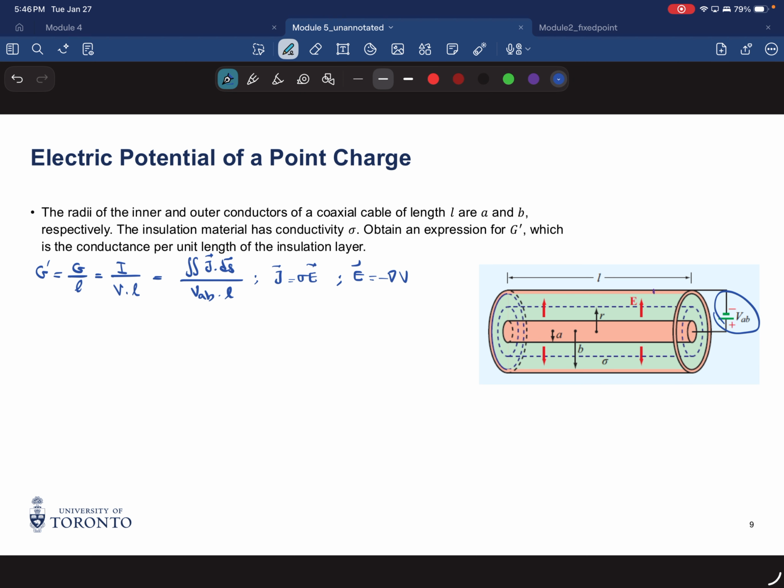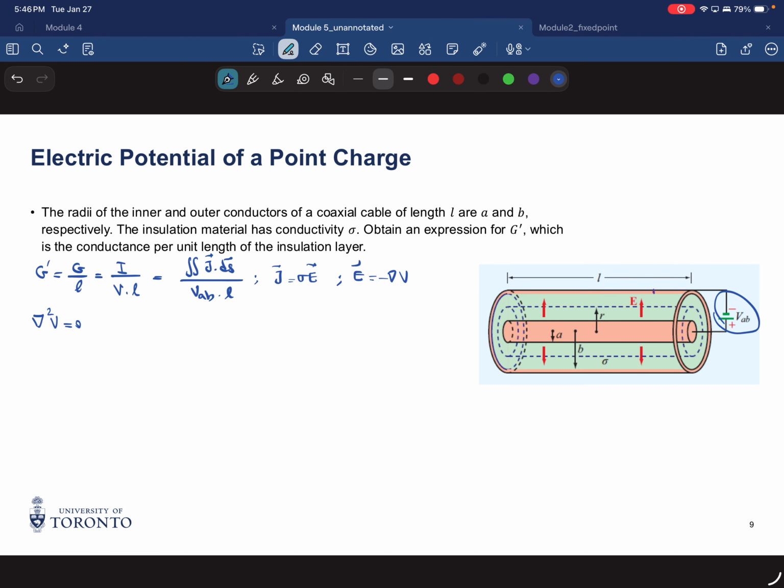Perfect. For V, I know that Laplacian of V is 0. Okay. Laplacian of V is 0. Now, looking at the geometry, which coordinate system should I be solving this Laplacian in? What coordinate system? Please.